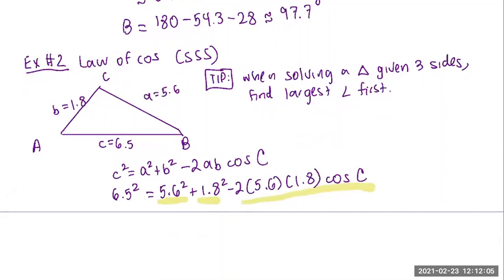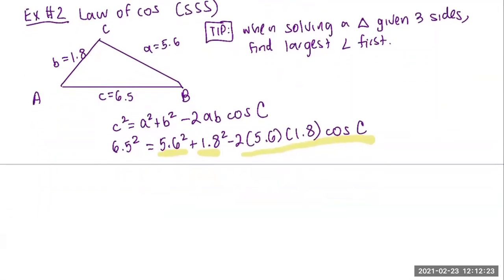If you've got three terms and you're trying to isolate cosine of C, how would you move 5.6 squared over to the other side? What operation would you use? Subtraction, right? I would subtract 5.6 squared.